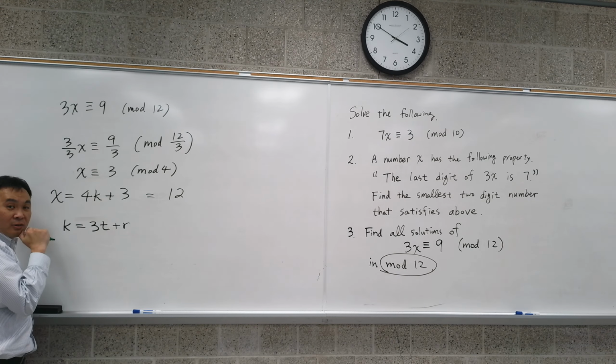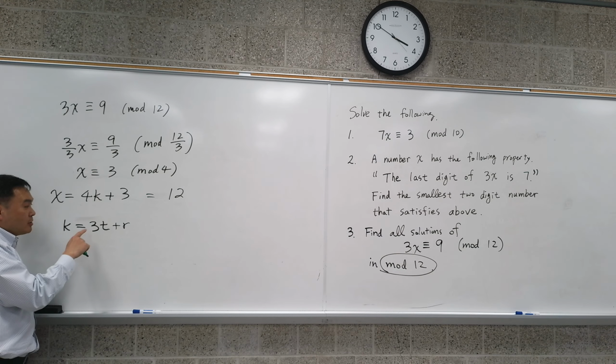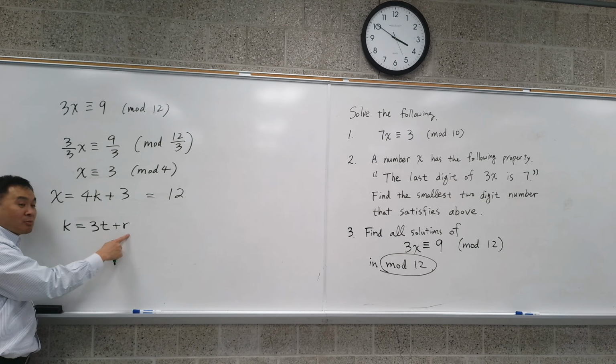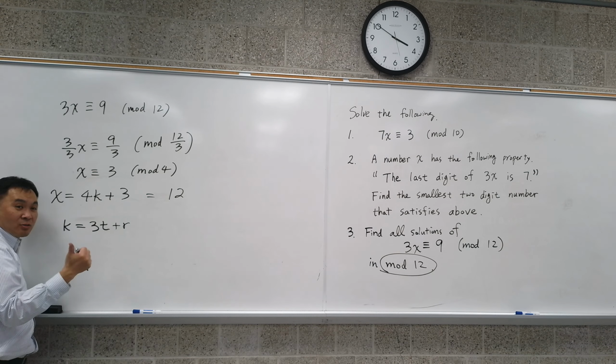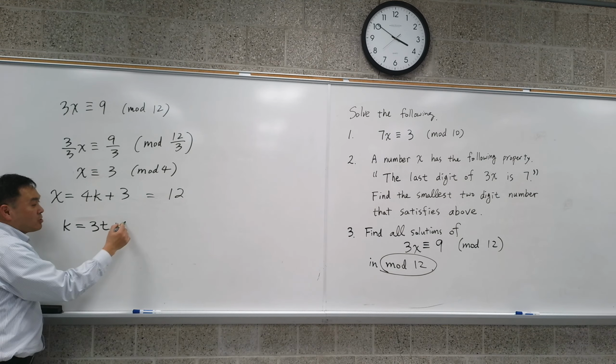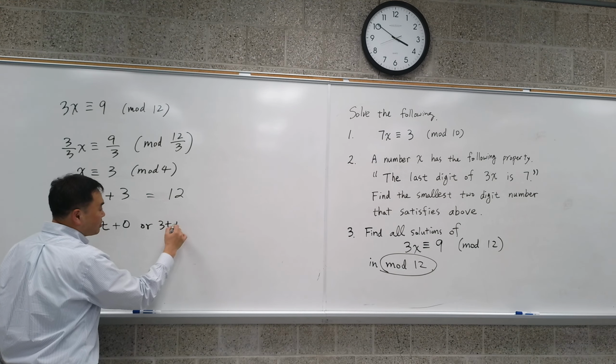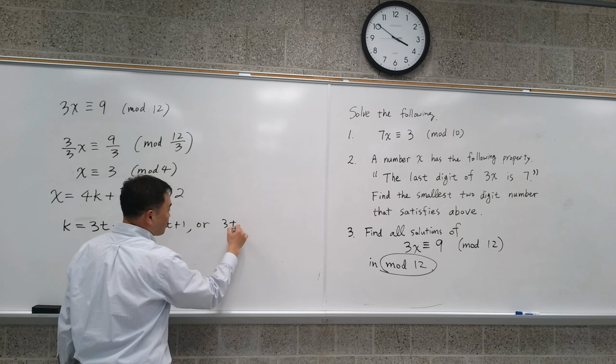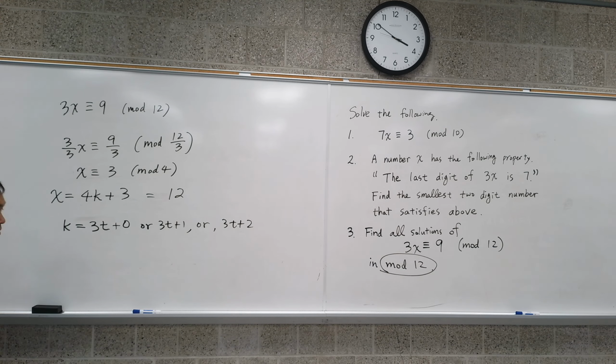Or the remainder could be 1 or 2. You give me any number k, then I can always write it as 3t plus some number, where this remainder is 0 or 1 or 2, and that's it. It's one of those three cases. There can't be anything else. Any number can be either 3t plus 0, or 3t plus 1, or 3t plus 2.